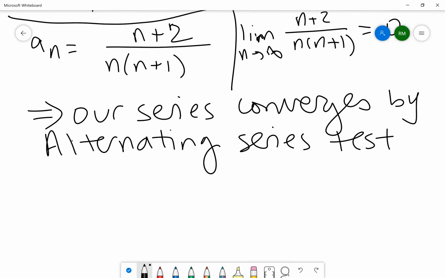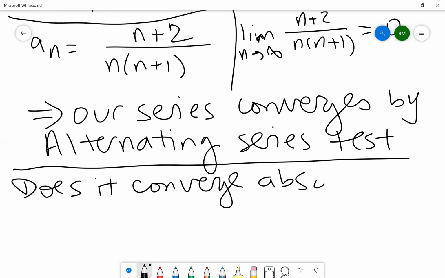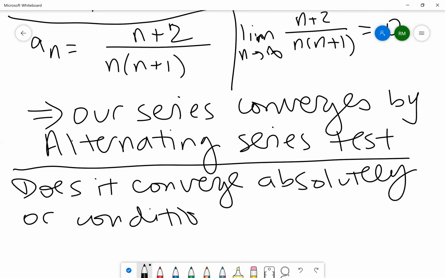Okay, but we want to know, does it converge absolutely or conditionally? That is the question. So we need to look at the series of the absolute values.